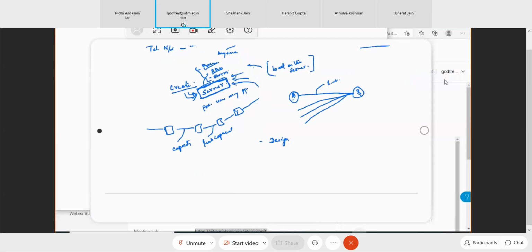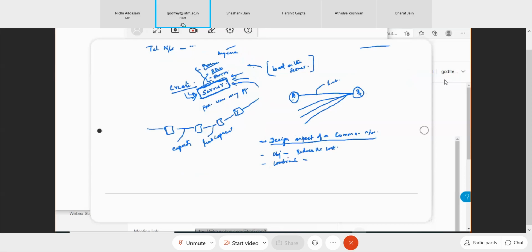This forms a major design aspect of communication. When you say design, you are going to have an objective. Maybe the objective is to reduce the cost, and you are going to have some constraints.